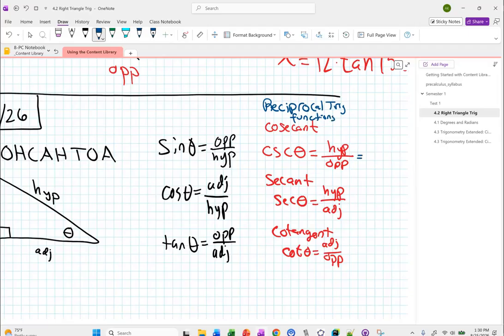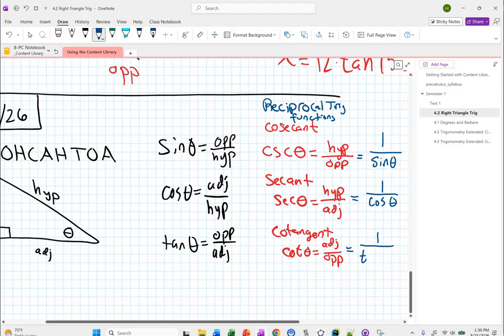And sometimes we define them then as cosecant is the reciprocal of sine, or secant is the reciprocal of cosine, or cotangent is the reciprocal of tangent. Either way of thinking about them is fine.